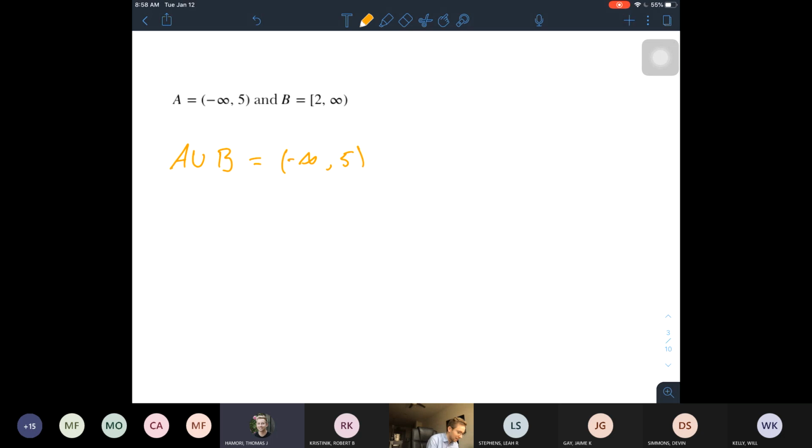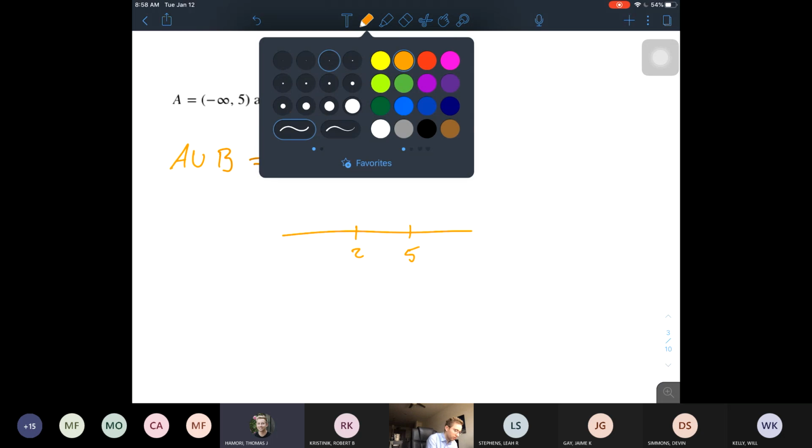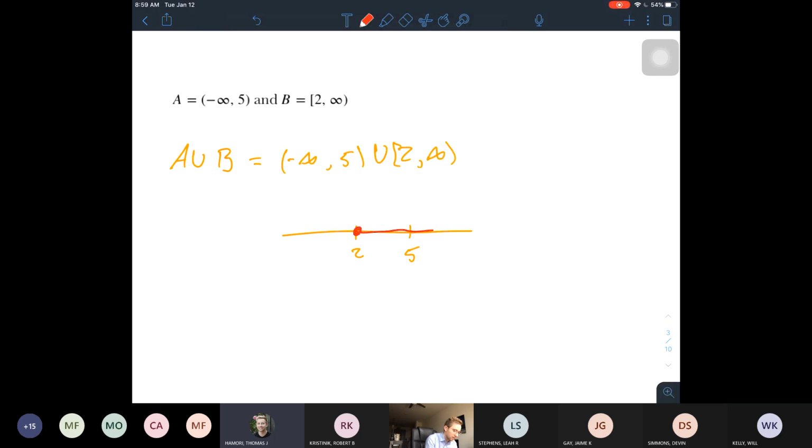Nice. Shruti's already got the answer. I'm ready to roll. I like the enthusiasm. Thank you. Union 2, comma infinity. So we just want to take all of the things which are in either of these 2 sets, and if we were to draw it on the number line, we'd have 5 and 2. And on one interval, we'd have red going to the right, on and on forever. And on the other one, we'd have green with a parentheses at the 5. But it doesn't matter because it has overlap.